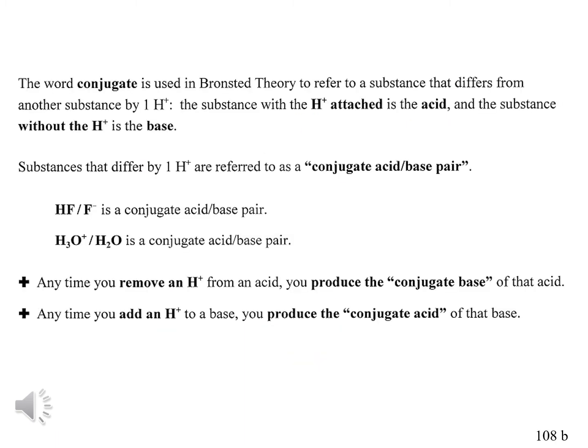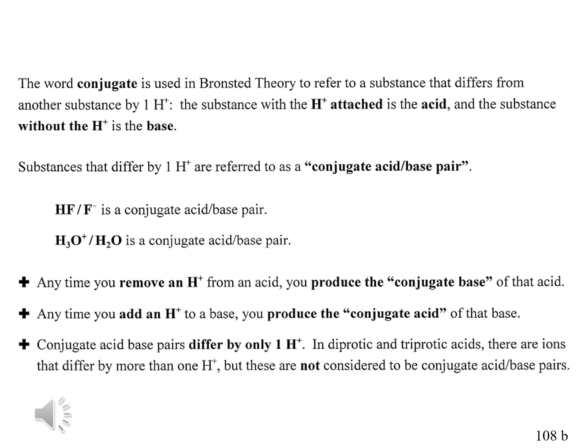So here I wrote that. Anytime you take an H off an acid, you get the conjugate base. Anytime you put an H on a base, you get the conjugate acid. And as I said before, in order to be a conjugate acid-base pair, they can only differ by one H. And that's because of buffers, and we'll see that later.